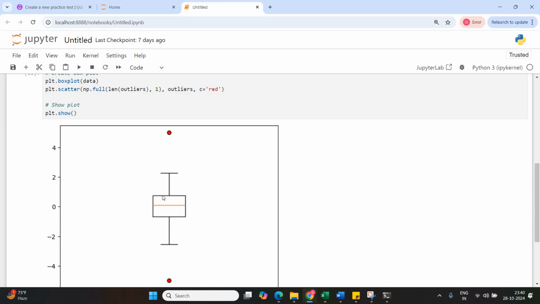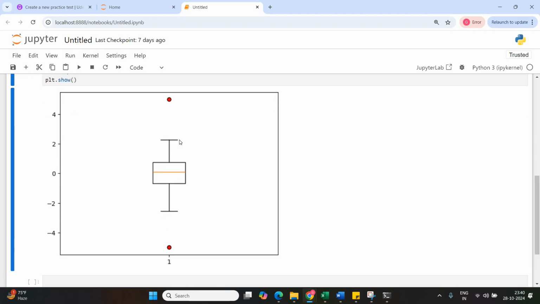This was the interquartile range, 1.4 in this direction, this line, and this one was minus 1.4. And this range that you are able to see, we are getting after multiplying 1.5 with the interquartile range, which was 1.4.